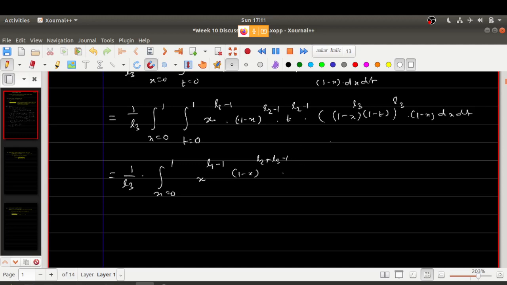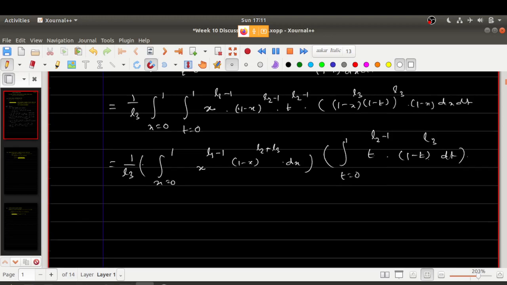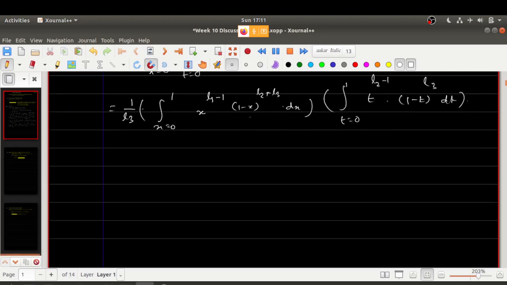The 1 minus x more also combines, so this will be dx times the integral t from 0 to 1, t power L2 minus 1, 1 minus t power L3, dt, right?